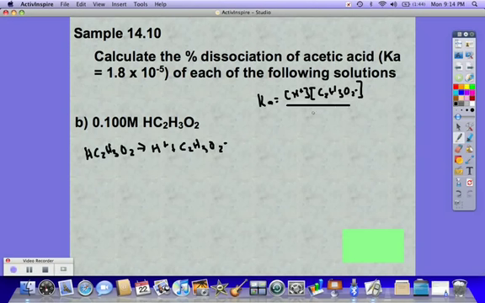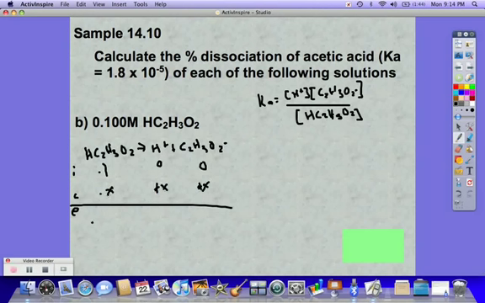And like I said, most of this is the exact same as part A, but if this was a test or quiz, you'd want to make sure that you're showing all of your work. So we have 0.100 minus x, plus x, plus x. Plug it into our expression.